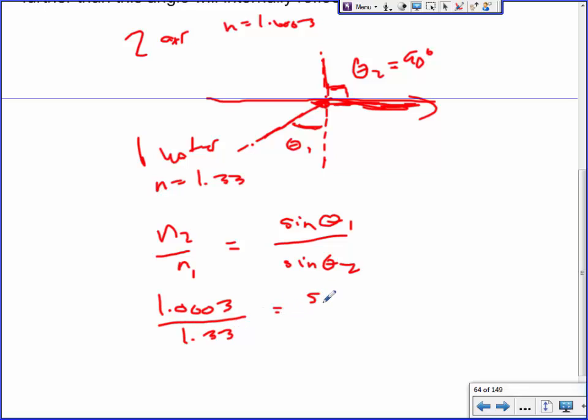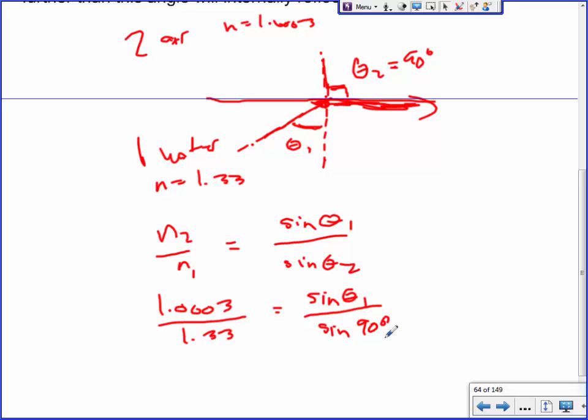Theta 1 I'm going to look for. We know that it's going to be 48 degrees when we're done, but I just want to prove it. And then theta 2, this is the important one, that's going to be 90. If you're trying to find a critical angle, your second angle is always 90.